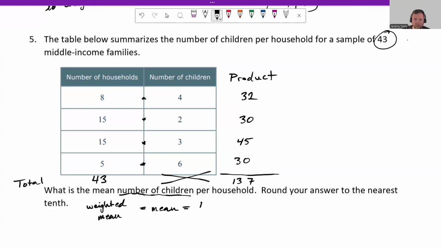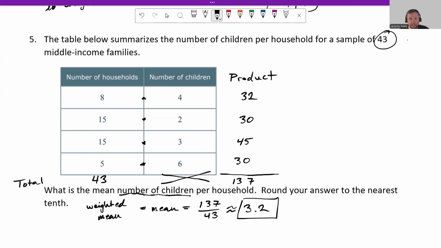So then my mean is going to be 137 over 43. Okay, and I get, to the nearest tenth, 3.2.